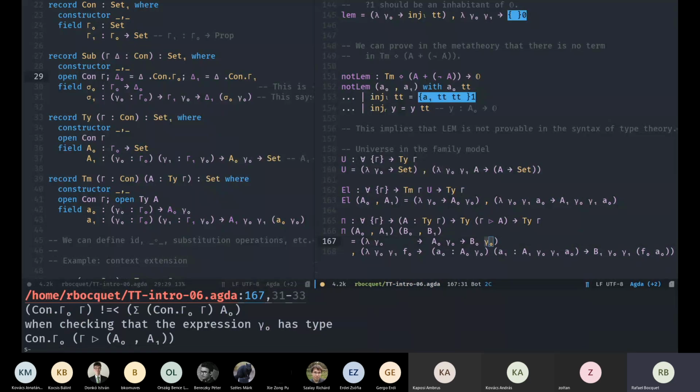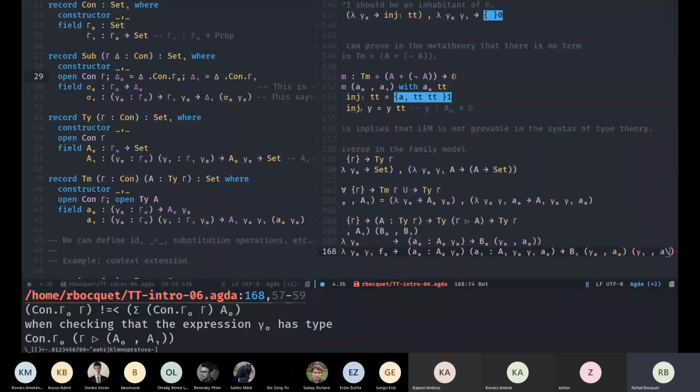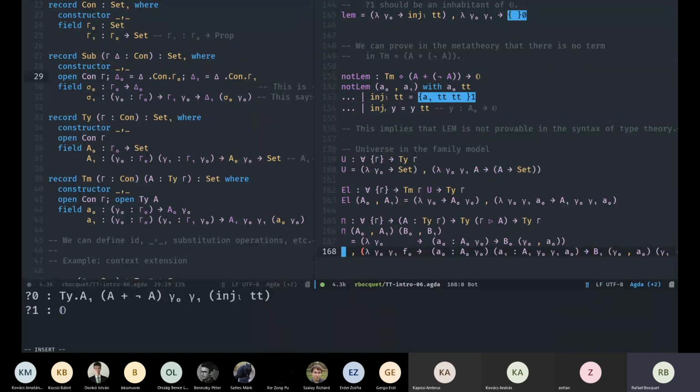Okay, so now B0 depends on A, and B1 depends on A0 and A1. Okay, so yeah, pi types are the same as function types, just with some more dependencies.